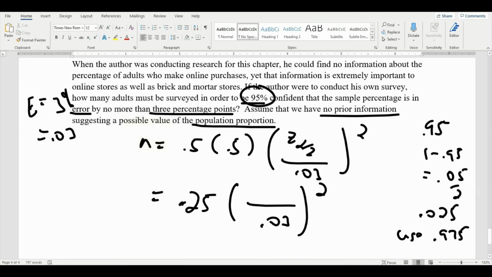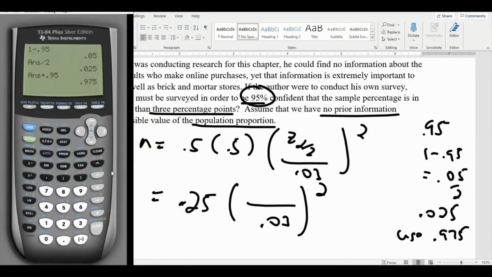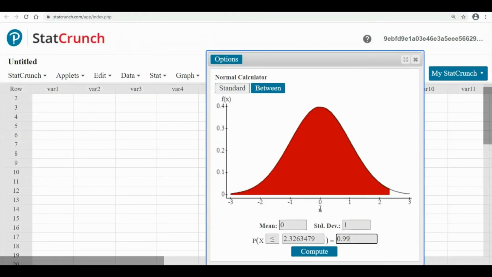That's the process. I'll keep my calculator because it's already handy. So second, vars, inverse norm, 0.975. Just keep hitting enter until we get an answer. 1.96 is what's actually used by most tables, most books. If you want to use a calculator or StatCrunch, it's 1.96 also.